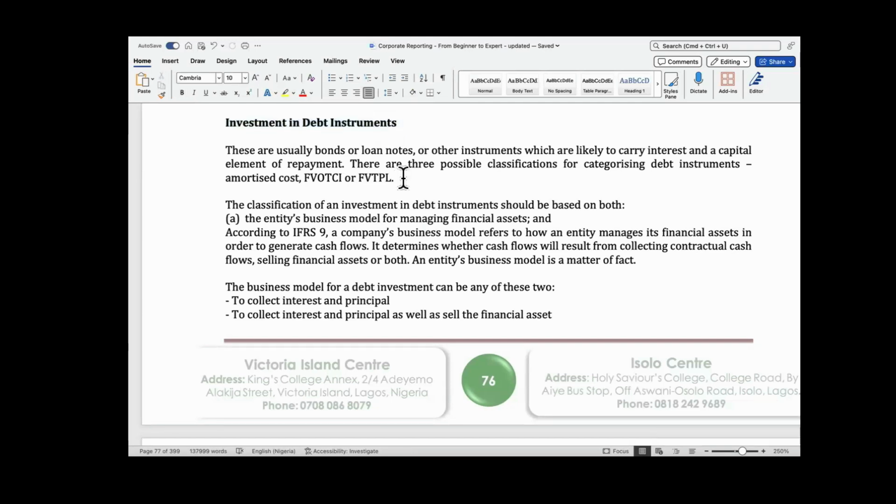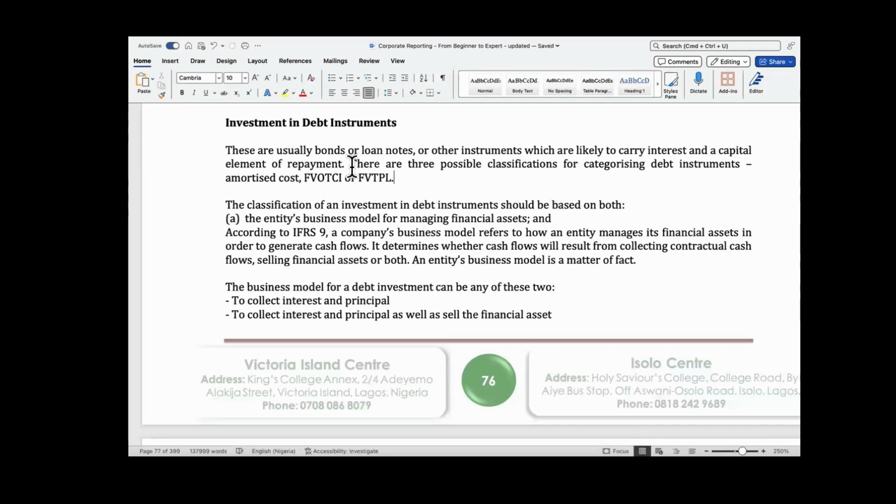Like I've mentioned earlier, it's still a financial asset, and initially you're going to measure it at the transaction price, meaning the amount you have invested. So the new thing here is this: you need to classify these debt investments also, because you need to know why you're investing in debt. There are multiple reasons.